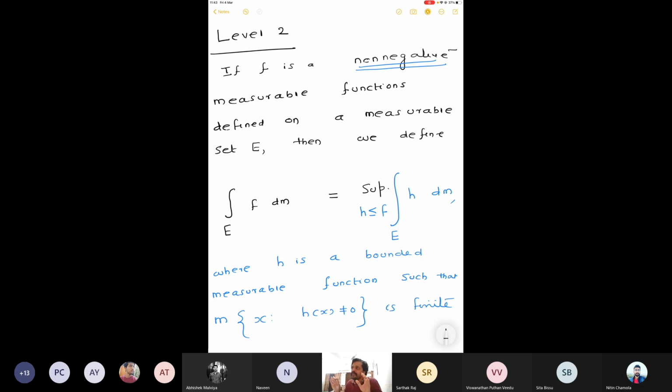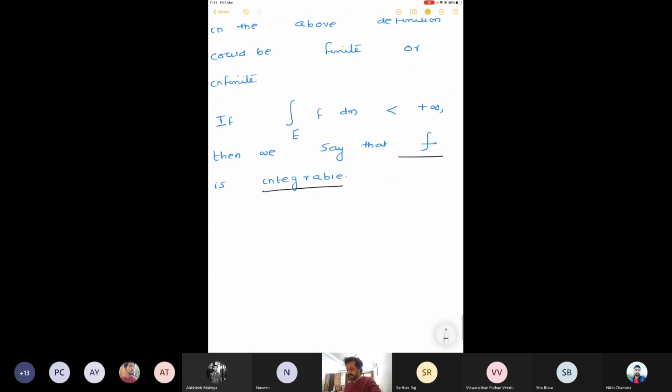So in appearance, for a non-negative simple function you can define the integral in two ways, but both will give you the same value. I will not prove it. Maybe I will reserve it for a tutorial, but let me remark it.